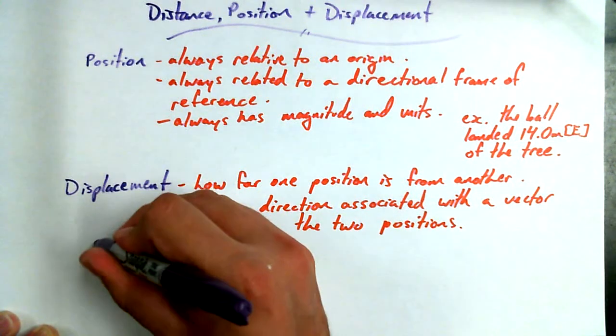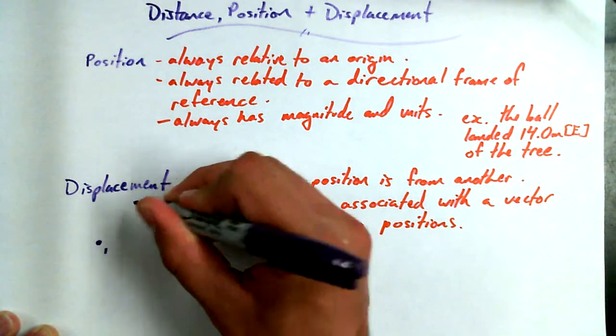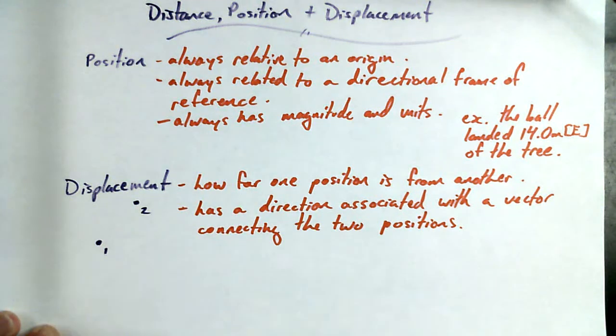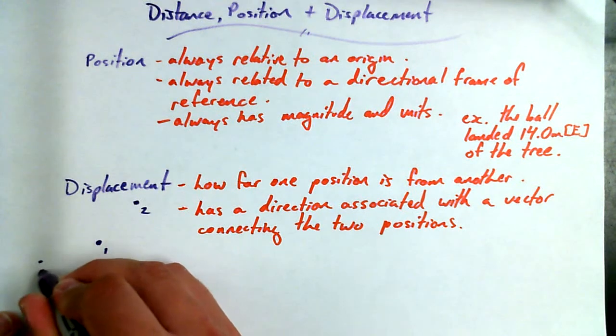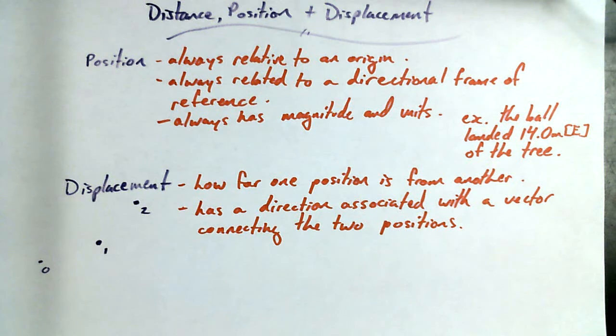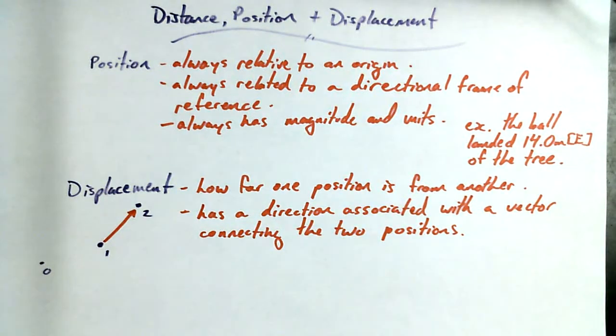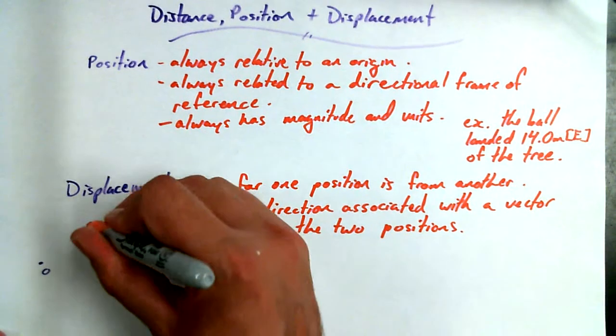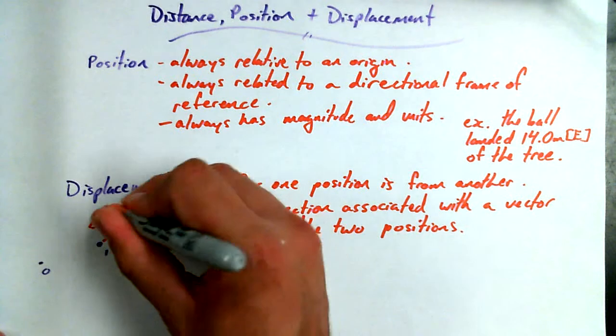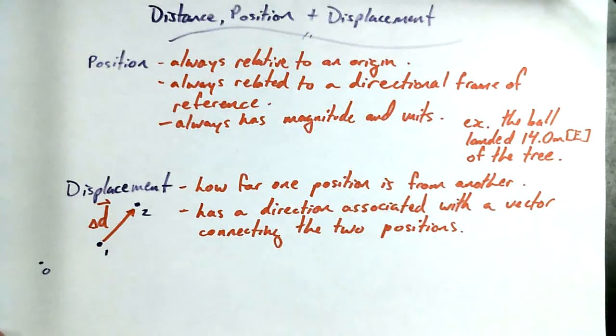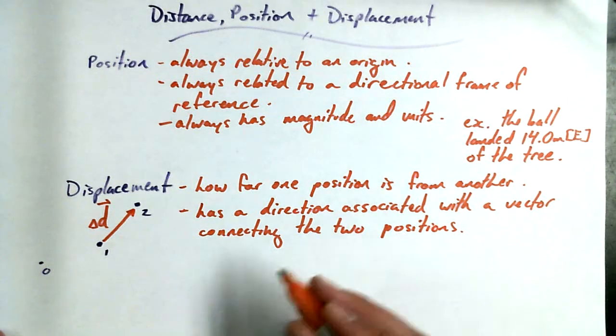So if I have position 1 and position 2, now those two positions might be relative to position 0, but position 1 and position 2 would be connected by a vector going from position 1 to position 2. I might call this the displacement, and that displacement is going to have an angle associated with it relative to a reference frame.